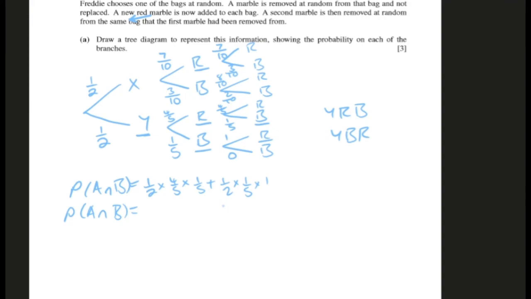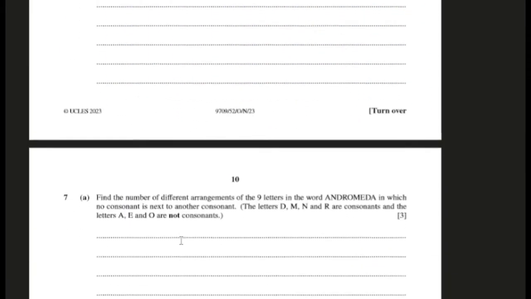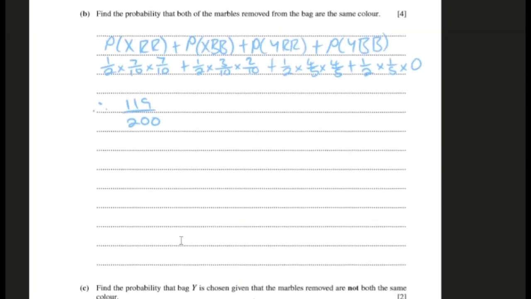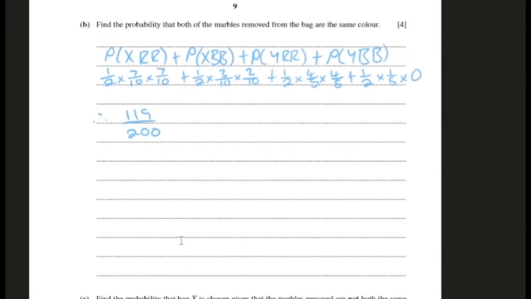Now we need to find probability of A, and we said A is that they're not the same color. So in part B, we found the probability that the two marbles are the same color. So to find A, we could simply say probability of A is equal to 1 minus the probability that they are the same color, which is 1 minus 119 over 200, which is 0.405.